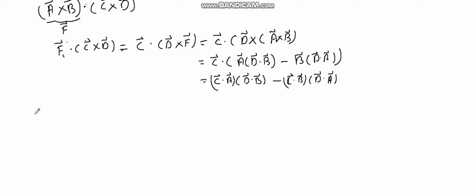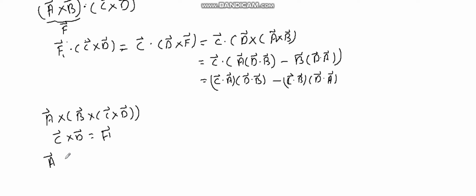Okay, so we can also have A cross B cross C cross D. Okay, we can also expand this, and how can we do this? There is a way: take C cross D as some other quantity, let's say H. So the final form is A cross B cross H, and this is the vector triple product.